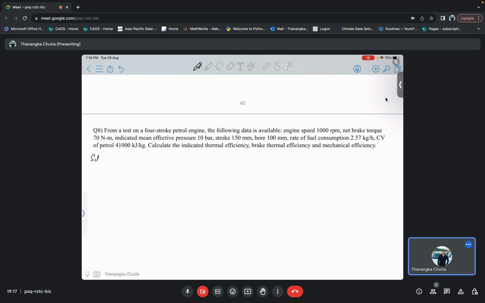Okay, so what is given: n is equal to 1000 rpm. Number of engines, I is equal to 1. And small n will be equal to N by 2, since it is a 4-stroke engine, so that will be 500 cycles per second.